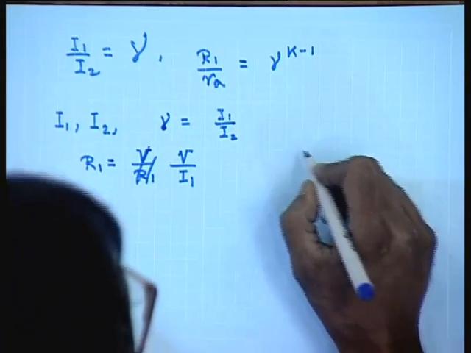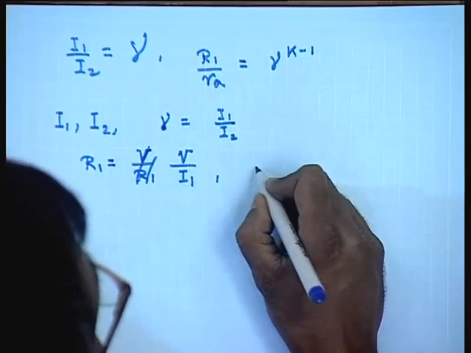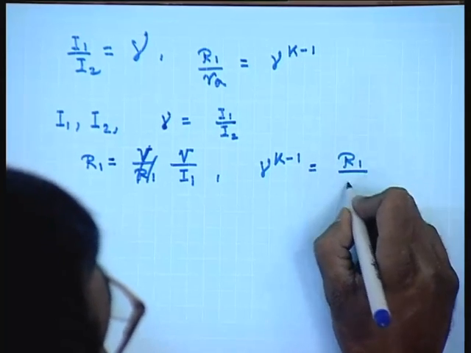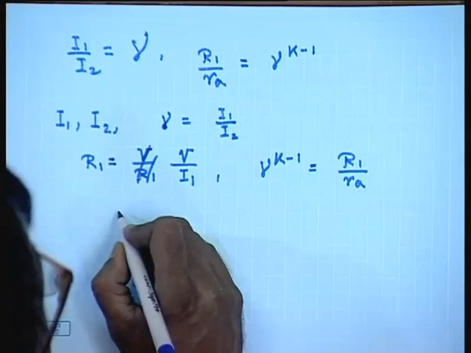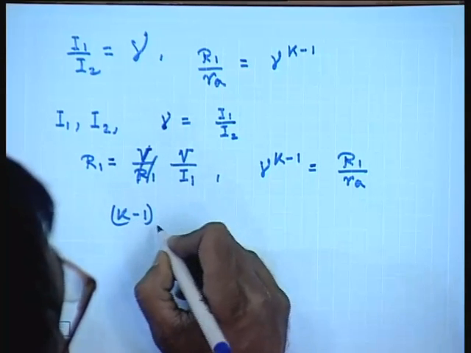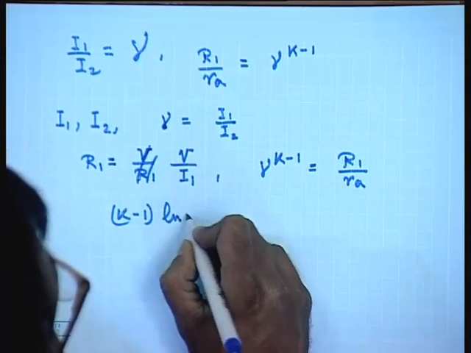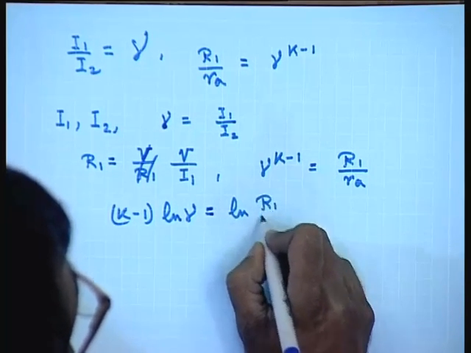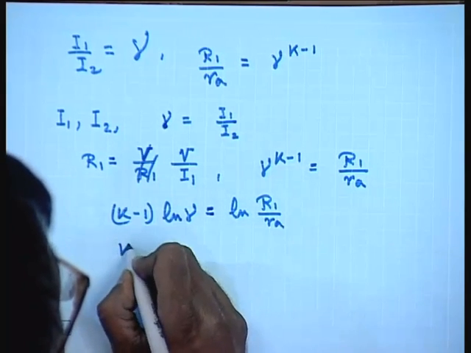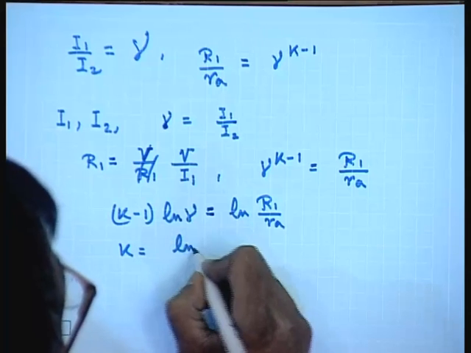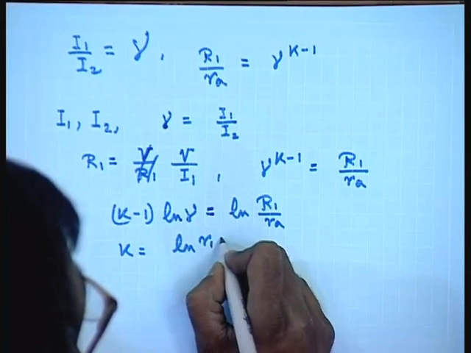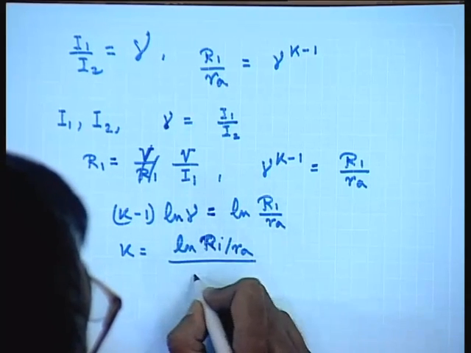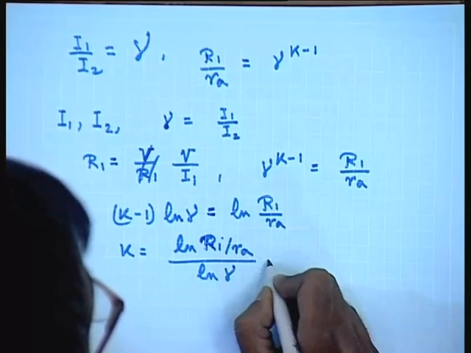Now, we know gamma to the power k minus 1 equal to R1 by Ra, or k minus 1 ln gamma equal to ln R1 by Ra, or k equal to ln R1 by Ra divided by ln gamma plus 1.